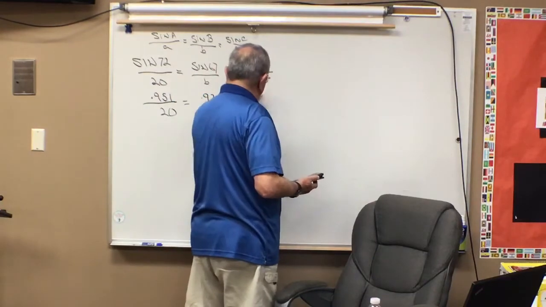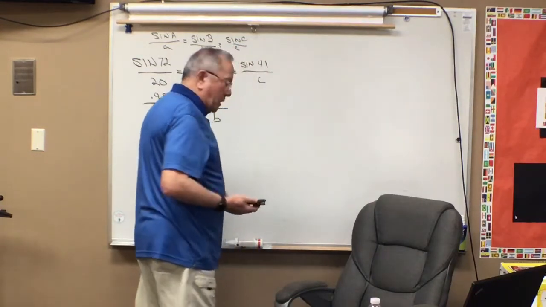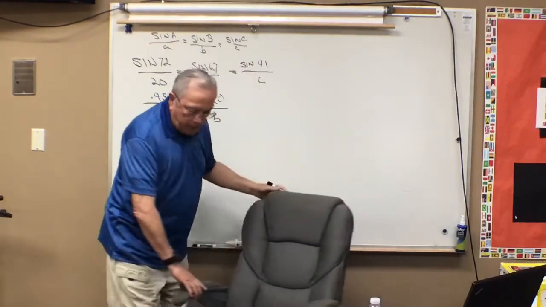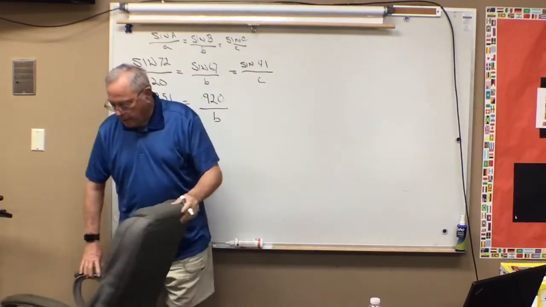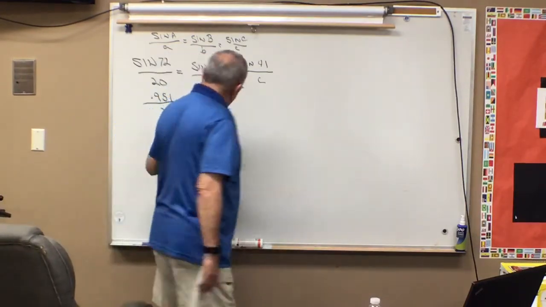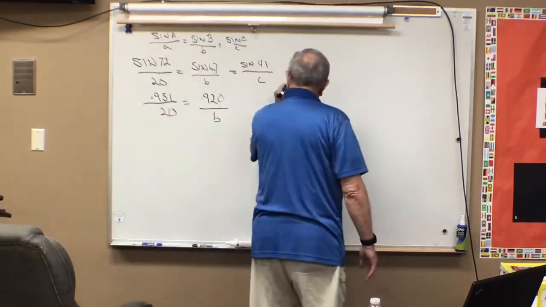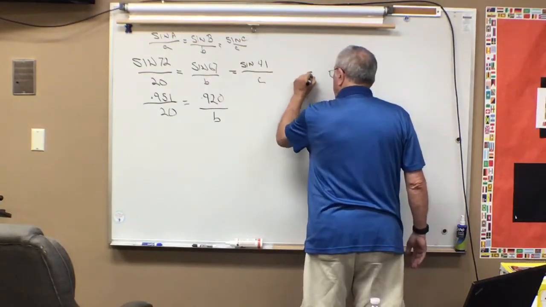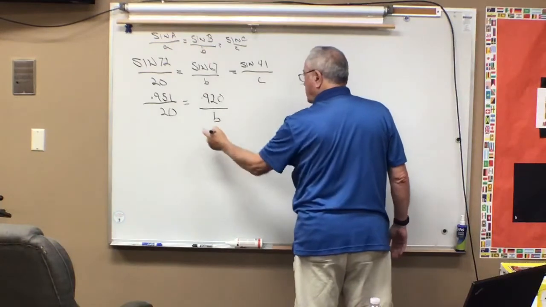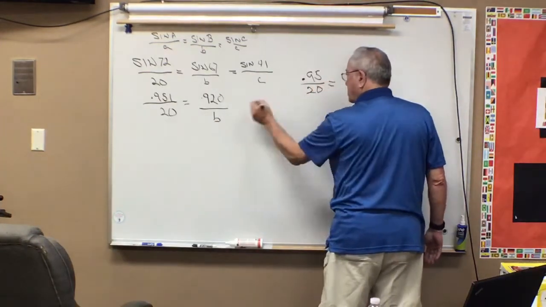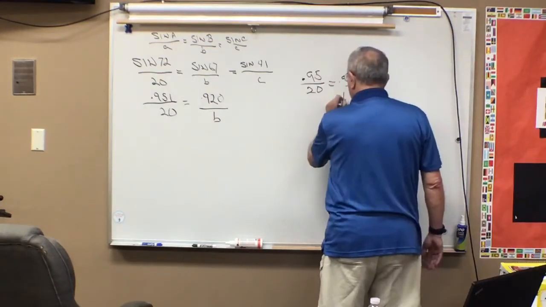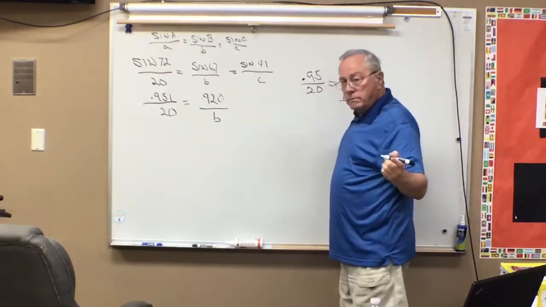Now I'm just going to do this, and we're going to set this aside, aren't we? All right. So let's solve this. So now I get 0.95 over 20 equals 0.92 over B. So we're going to cross multiply.